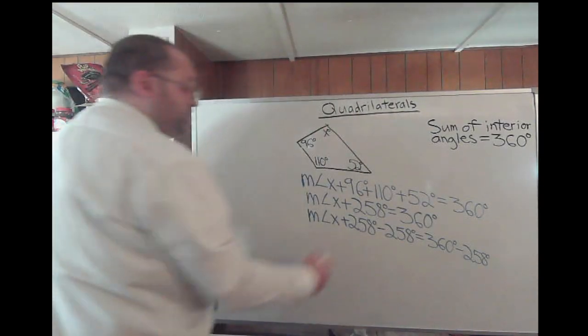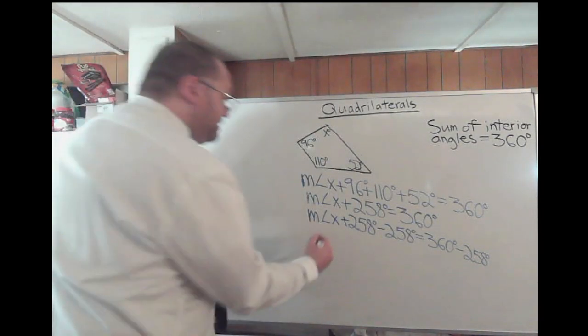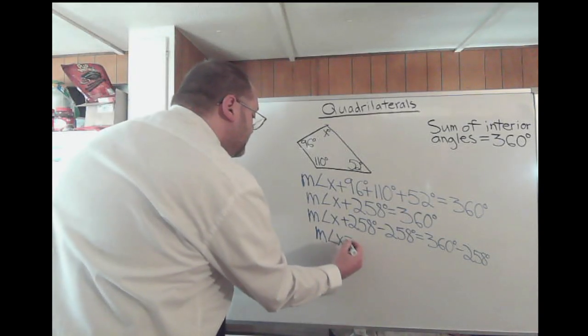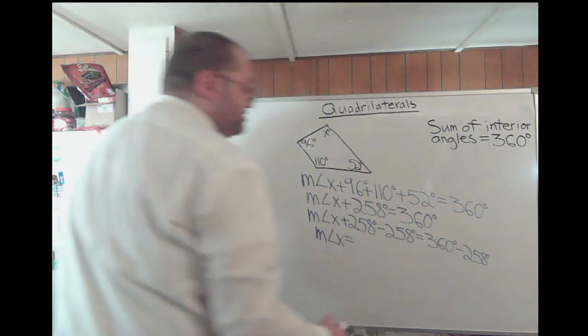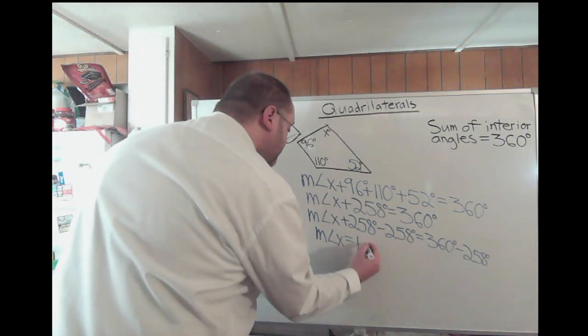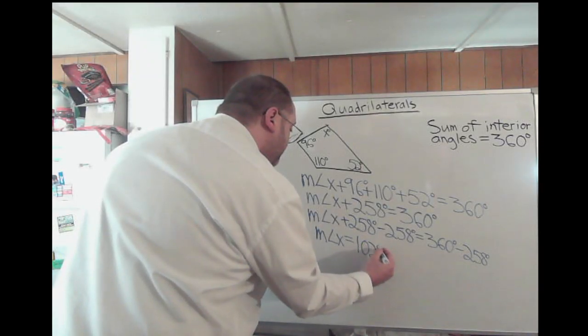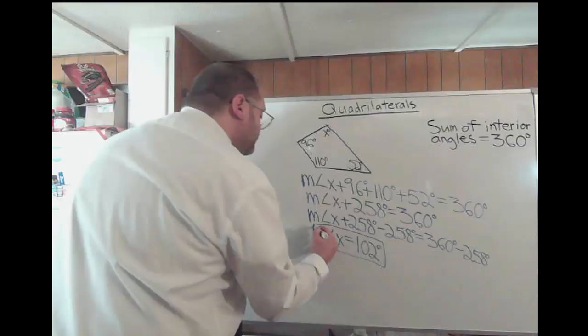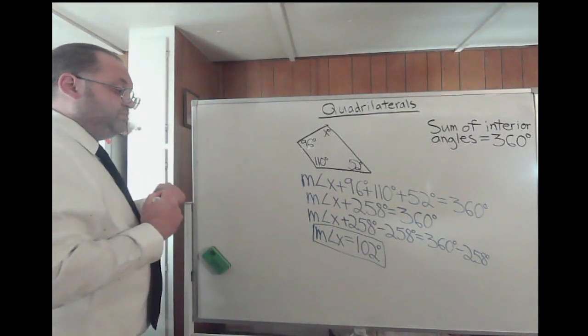So on the left side, 258 minus 258, that goes to 0. You just get the measure of angle x. That'll be equal to 360 minus 258. That'd be 102. So the measure of angle x that we were searching for is 102 degrees. That's what you would get.